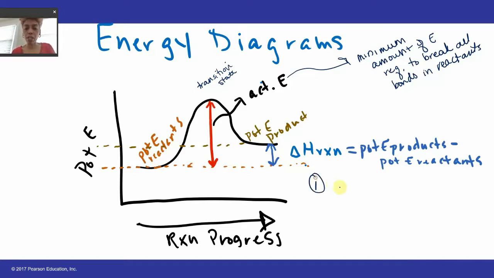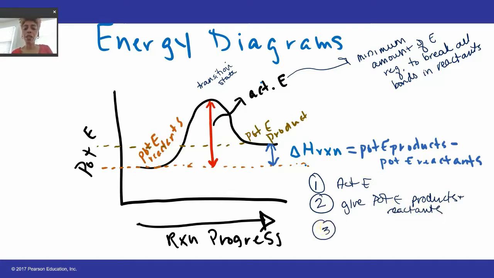You can, number one, tell the activation energy. Number two, you can give the potential energy of our products and the reactants. And you can also determine the delta H for the entire reaction just by subtracting these two values, okay?